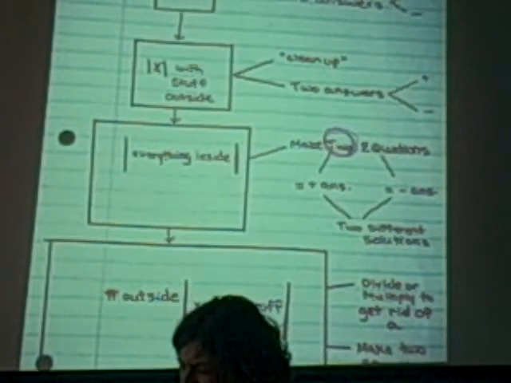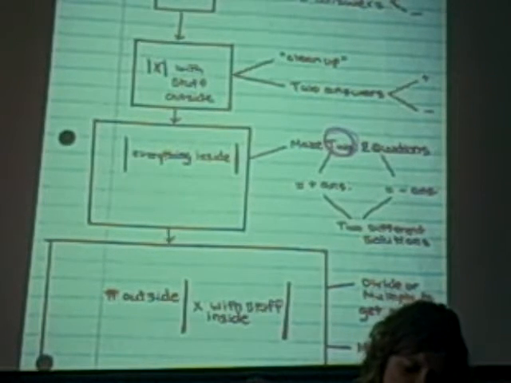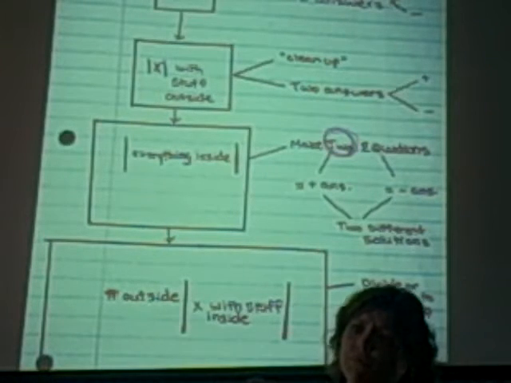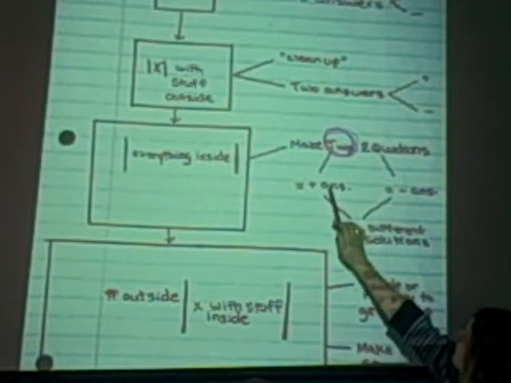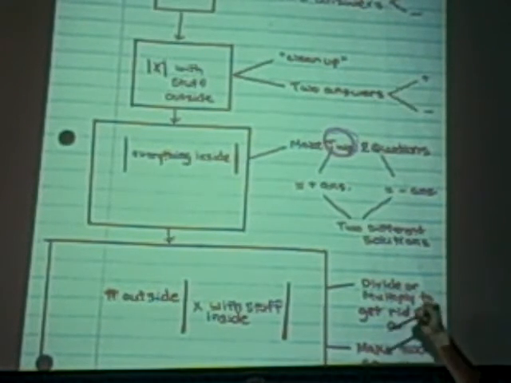So if you're looking through your worksheet and you're like, gosh, I don't know what to do with this problem, I can look, I can say, oh, well, everything's inside my absolute value mark. Oh, I need to make 2 equations. Set 1 equal to a positive answer, 1 equal to the negative answer, solve them separately, and have 2 x values that are very different solutions. Okay? Are there any questions on how you might use this flowchart?